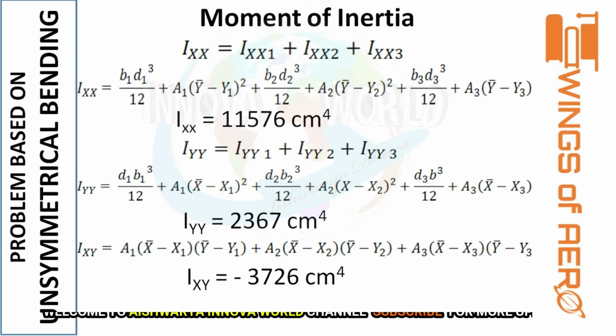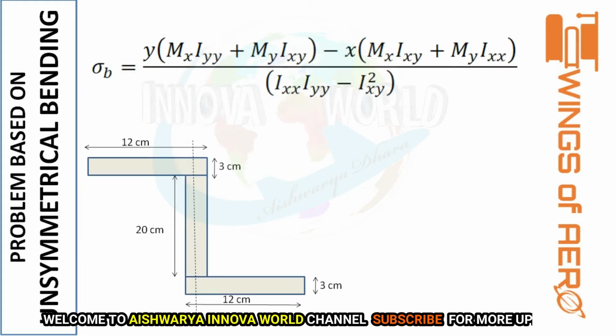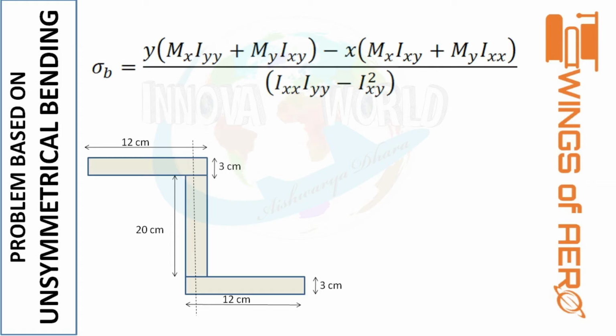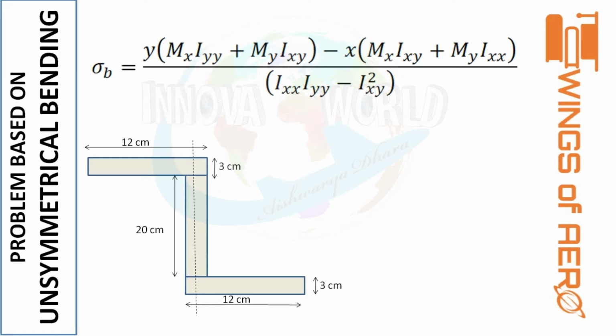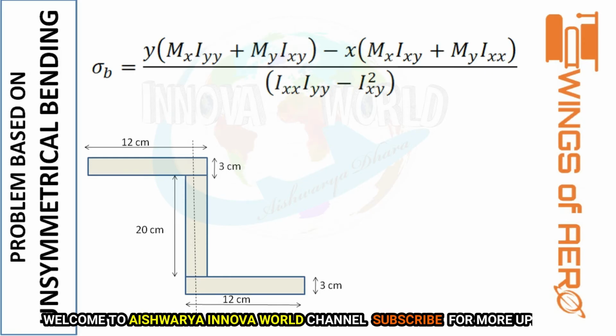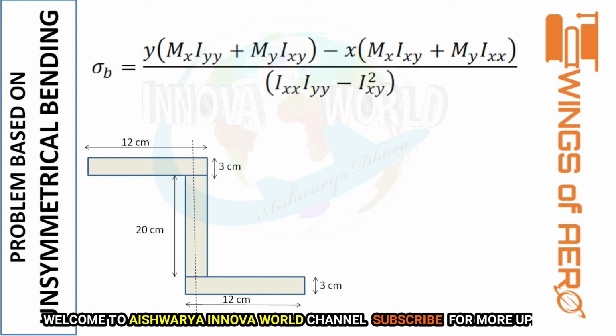Now in the question they have asked to find the bending stress. So recalling the K method formula, that is sigma b equals y times (Mx Iyy plus My Ixy) minus x times (Mx Ixy plus My Ixx), divided by (Ixx Iyy minus Ixy squared).